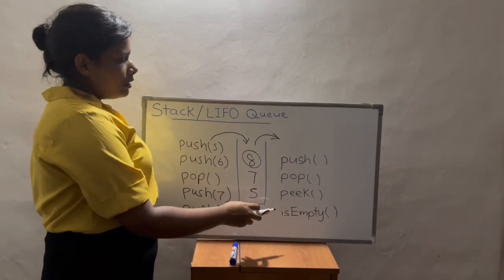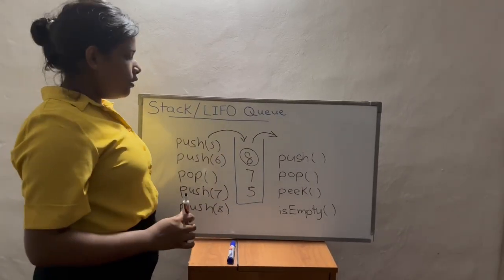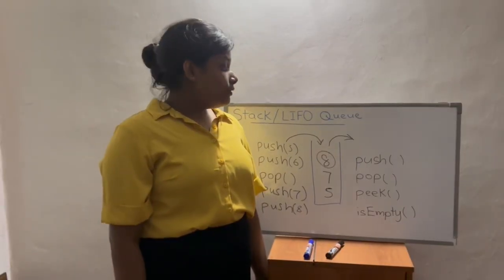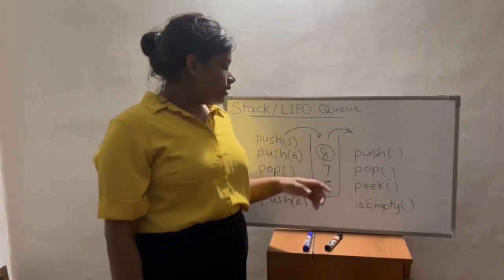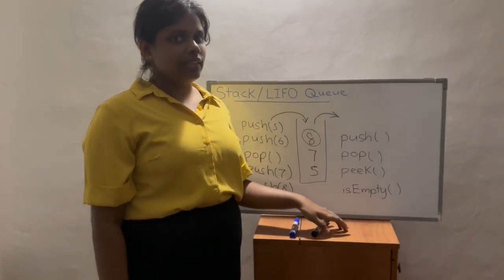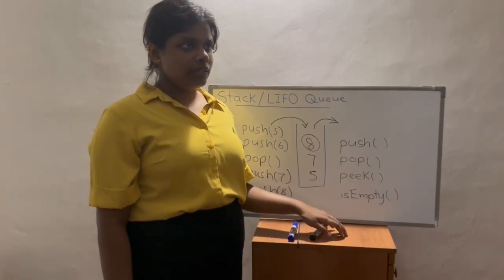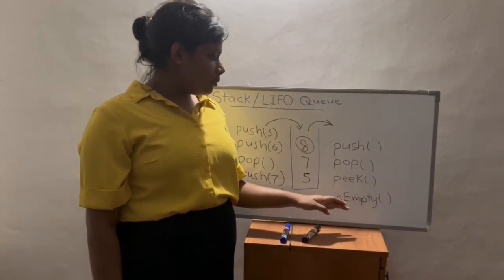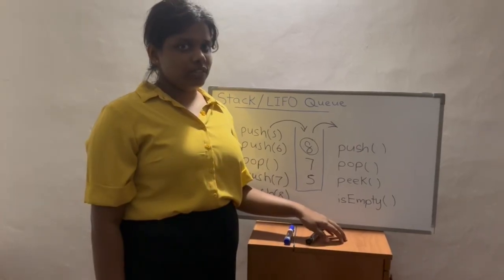And the isEmpty method is for checking if the stack is empty or not. If the stack is empty, the isEmpty method will return true, and if the stack is not empty, the isEmpty method will return false.